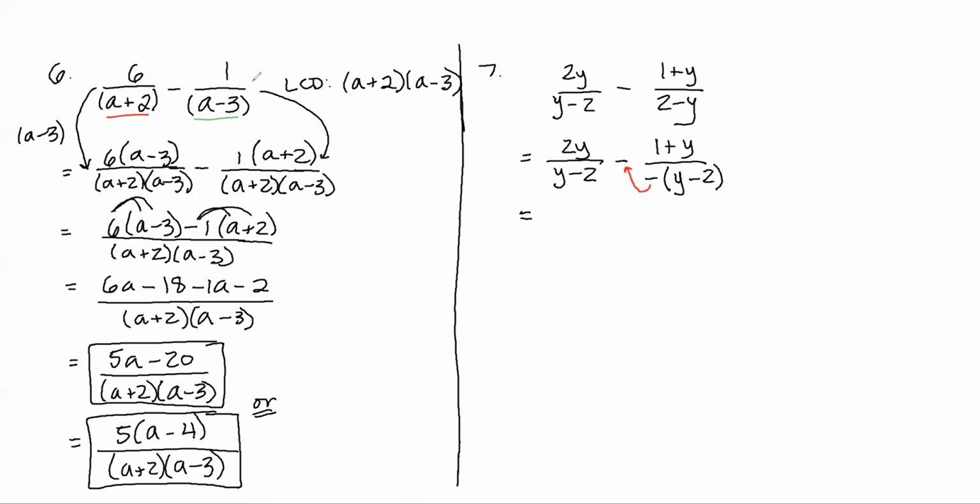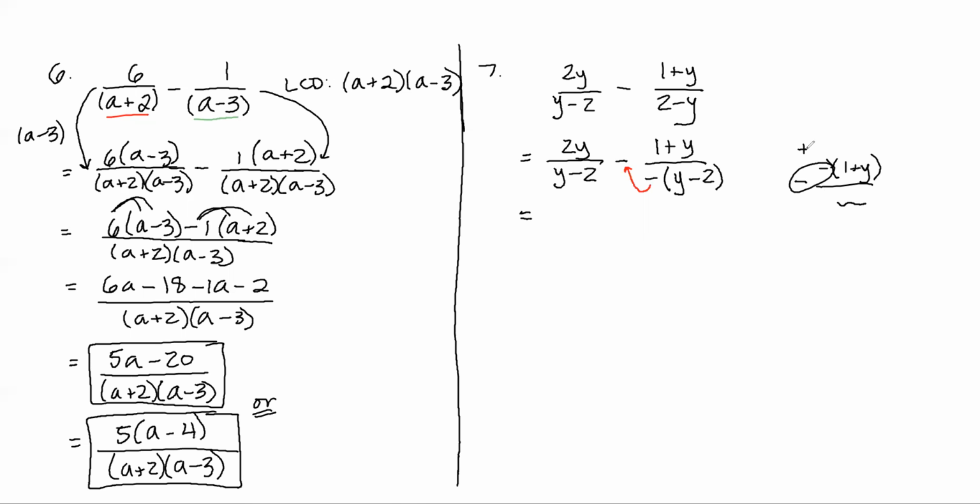Now this only works if the negative is around the entire denominator. So this entire denominator is being made negative. Same thing if you had a negative that was on the top. So let's say we had minus negative 1 plus y over some denominator down here. These two negatives would become a positive.